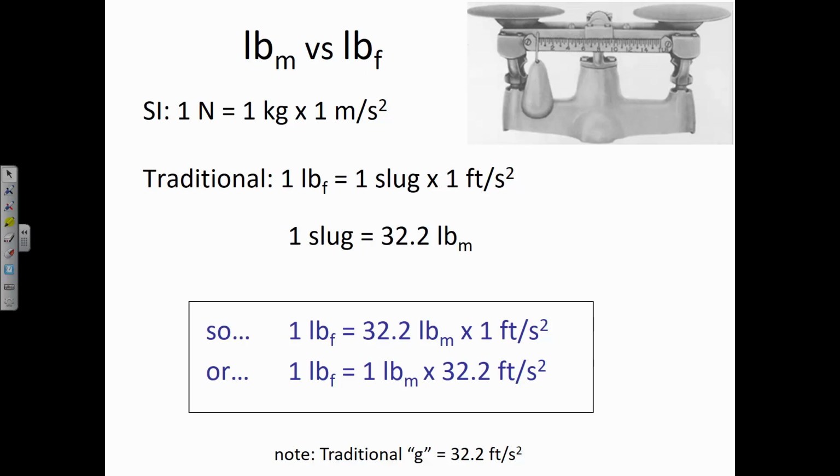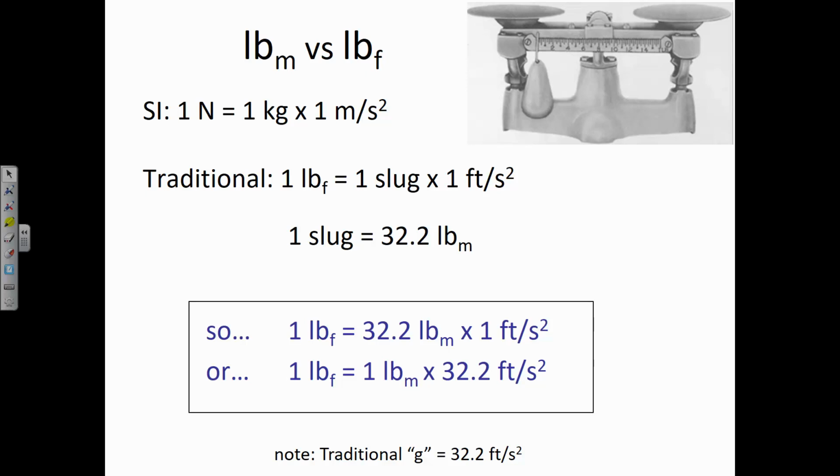And so when you have Earth's gravity, then a pound of mass exerts 1 pound of force. But if you're talking about any other acceleration besides gravitational acceleration, then 1 pound mass and 1 pound force aren't necessarily the same thing. But a pound of mass does exert a pound of force when it's just stationary on Earth, where we've got gravitational acceleration of 32.2.